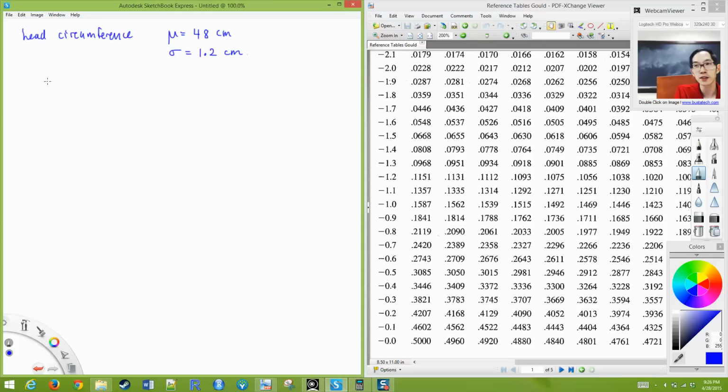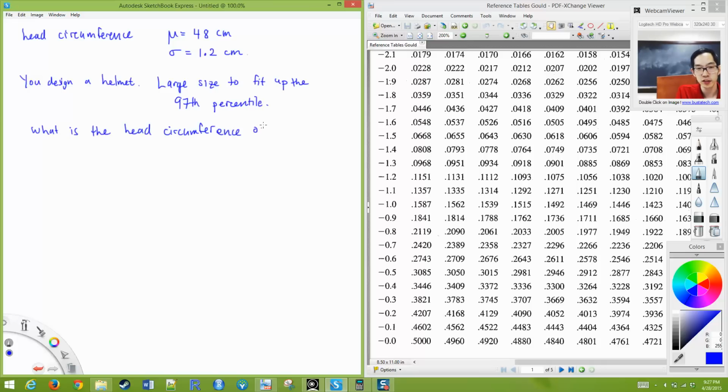Okay, what does it mean to be in the 97th percentile? Do you guys know? It's not the mean. Yeah, okay, so the 97th percentile is the spot where 97% has values lower than you.